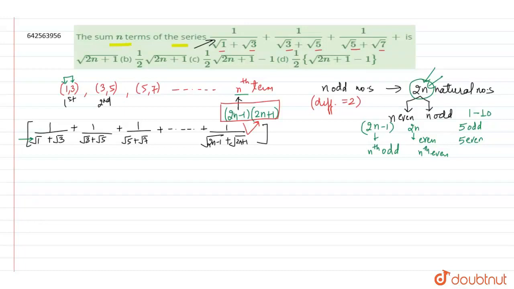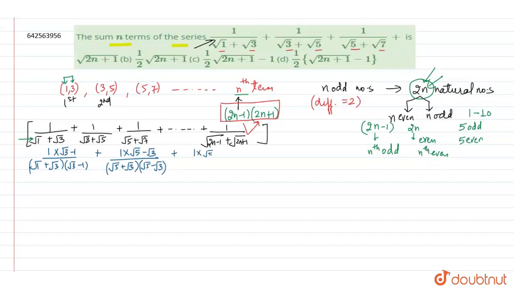So here we can write it like this: 1 into root 3 minus 1 upon root 1 plus root 3 into root 3 minus 1. This will be the first one. Next, 1 into root 5 minus root 3 upon root 5 plus root 3 into root 5 minus root 3.